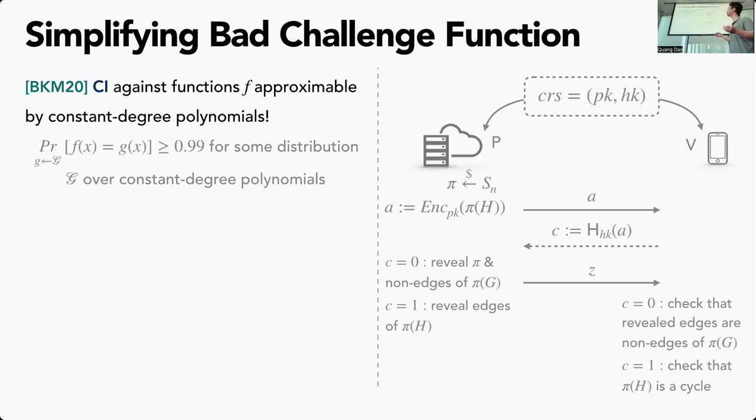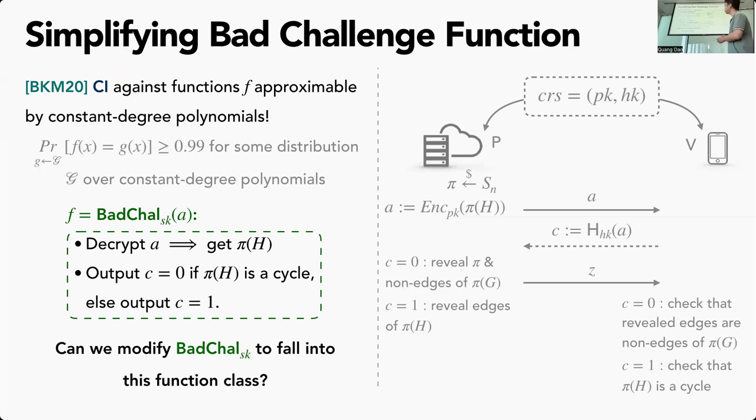And it should be the case that if you sample a random g from this distribution, then it should agree with f on many, say 99%, of its length. Okay. And the f here we want is this bad challenge function. And well, not quite this one, but we will modify this eventually so that it becomes a function of that form, approximable by constant degree polynomials.